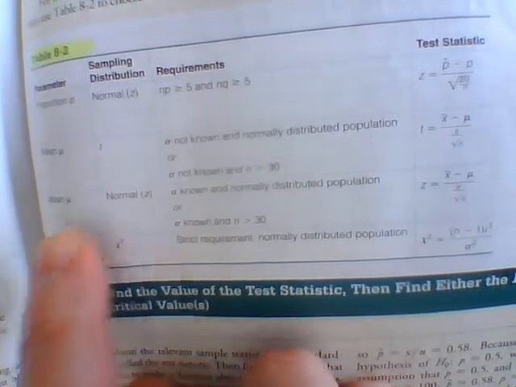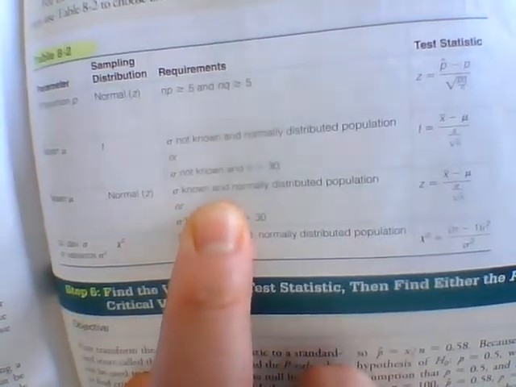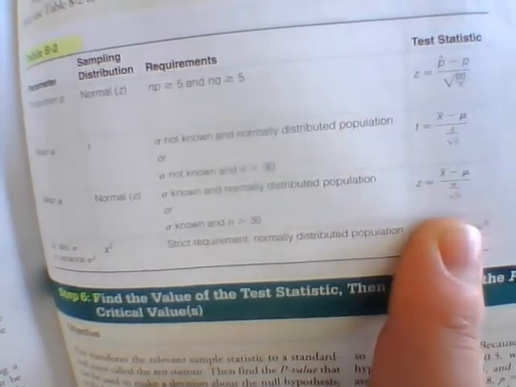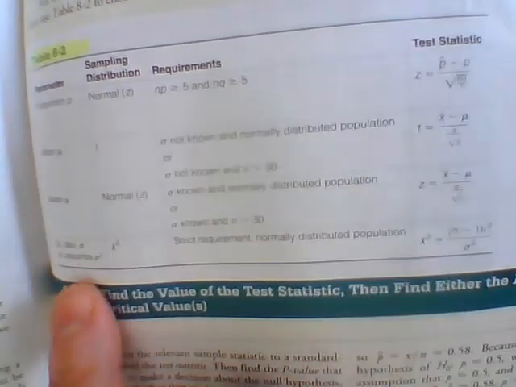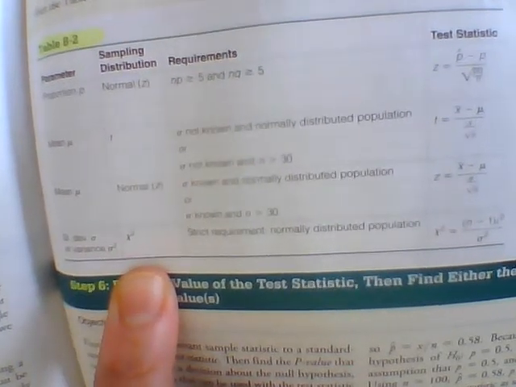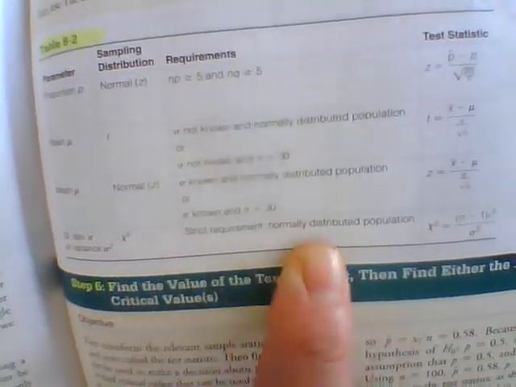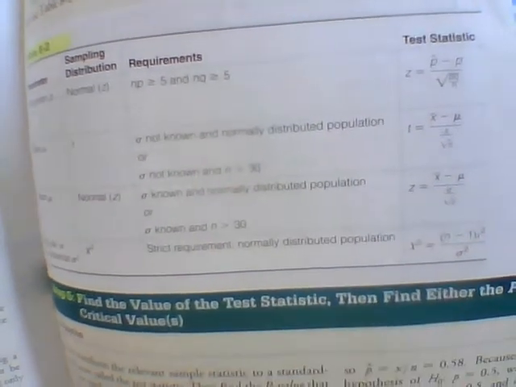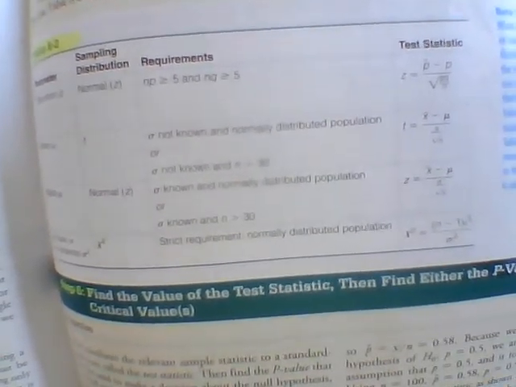If we have that normal, once again sigma's known in here, we could relate our z value here. And then if we're relating for a population standard deviation or variance, we're going to use our chi-squared test. And then we have our chi-squared value over here for our test statistic.